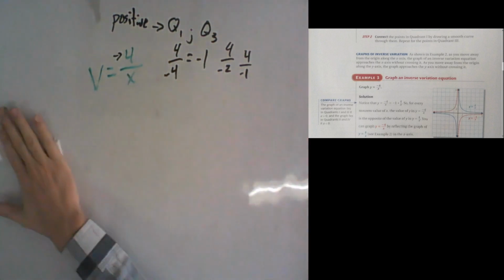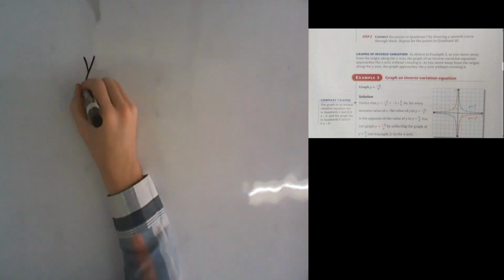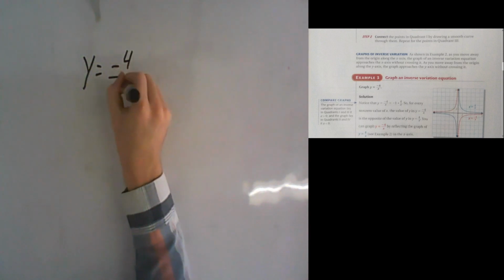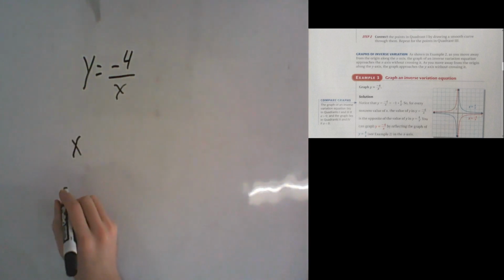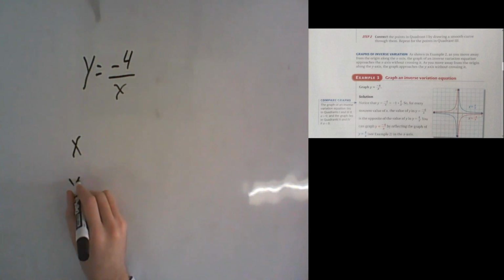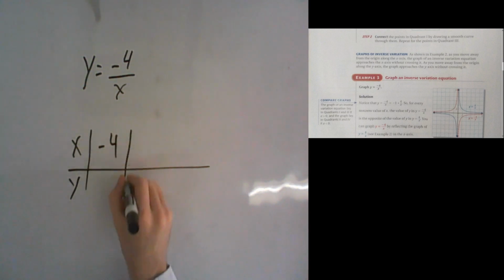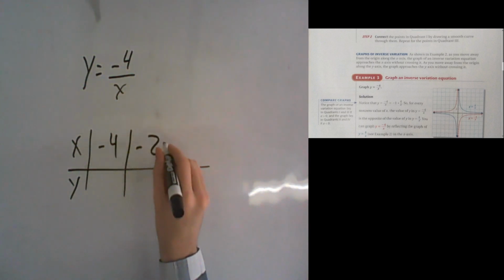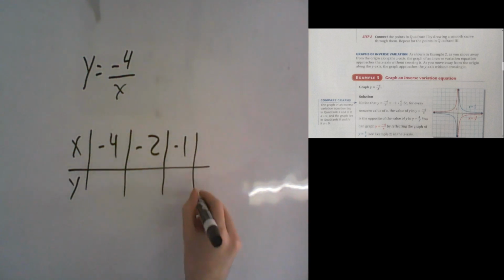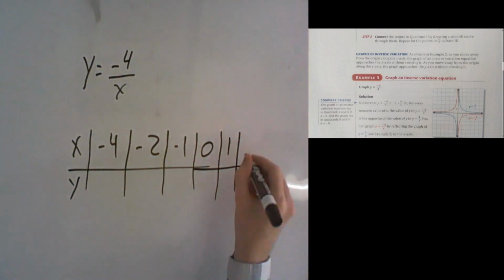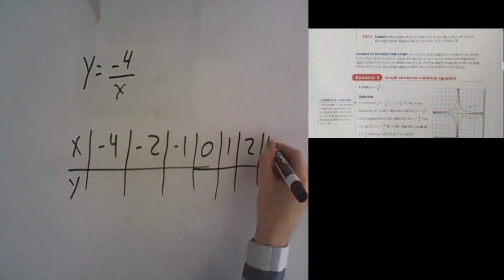Okay. So what about negative? Well, if we're graphing y equals negative 4 over x, we can actually still use the same x points. So we can do -4, -2, -1, 0. You don't have to use 0, but 1, 2 and 4.